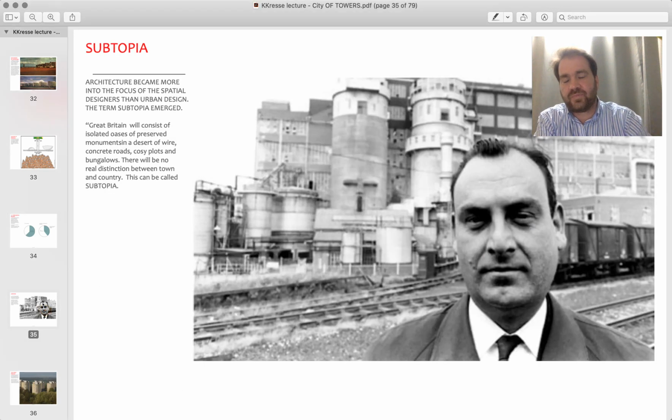And there's this word coming up called subtopia, which is the manifestation of that emerging sprawl in Britain, where at some point you cannot distinguish anymore between the countryside, the suburbs, and the cities, or the grown cities and the new cities merge, and it becomes all one kind of undefinable mess that doesn't really have a characteristic or beauty of its own.